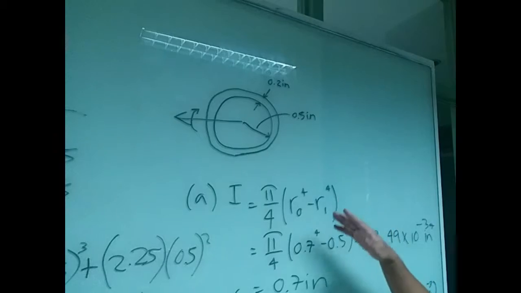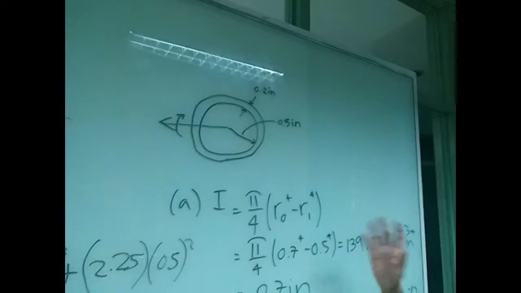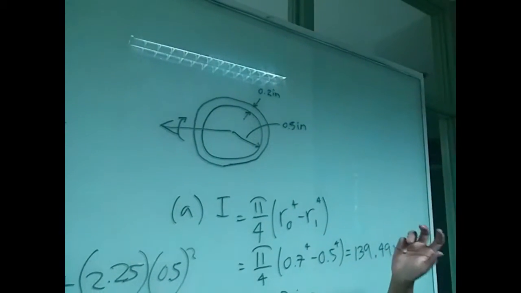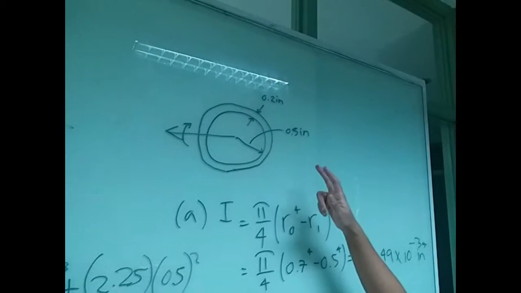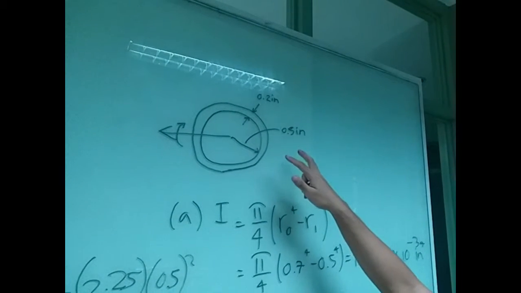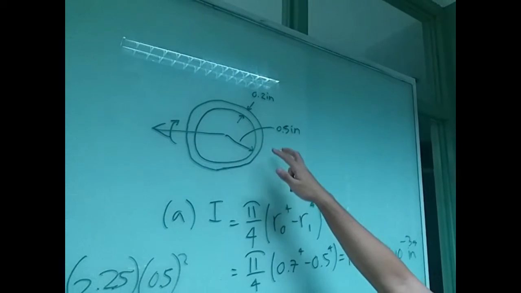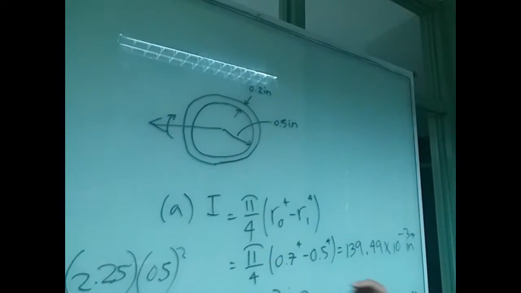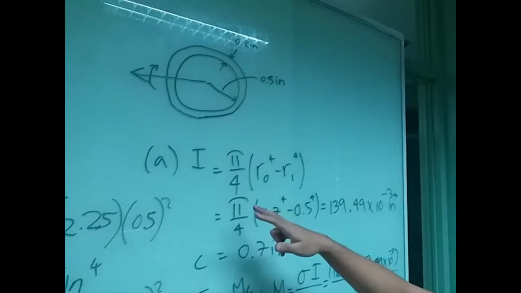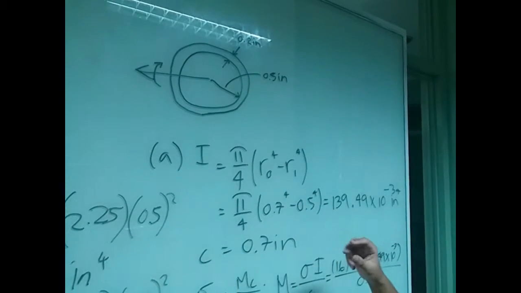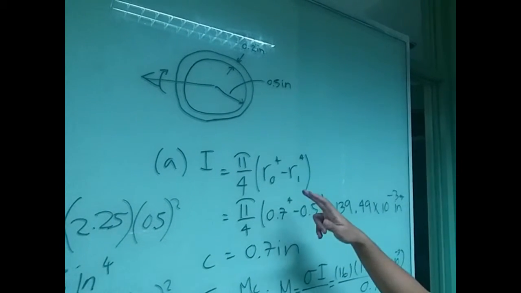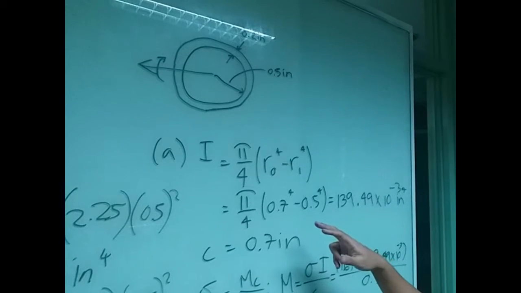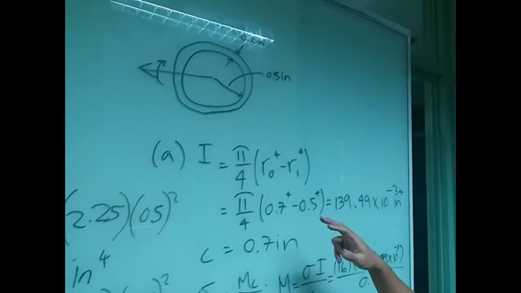As we can see here, from the previous problem, we changed the value of the outer diameter to 0.2 inches, and to solve for the moment of inertia, we should use this formula and substitute the values.